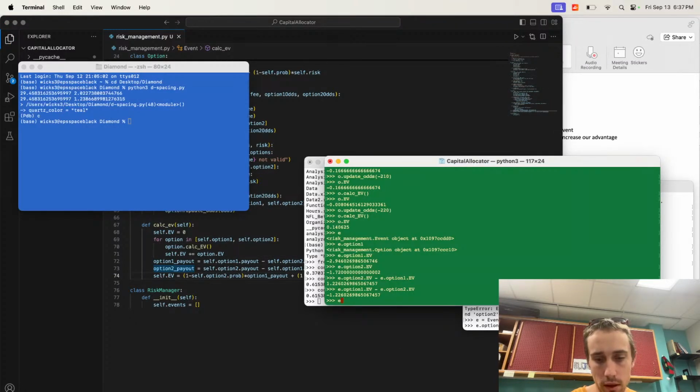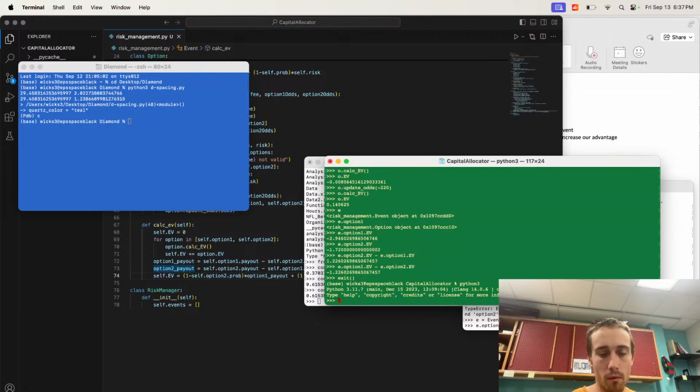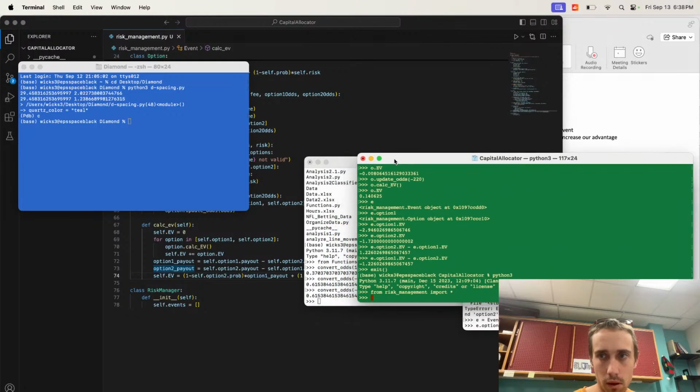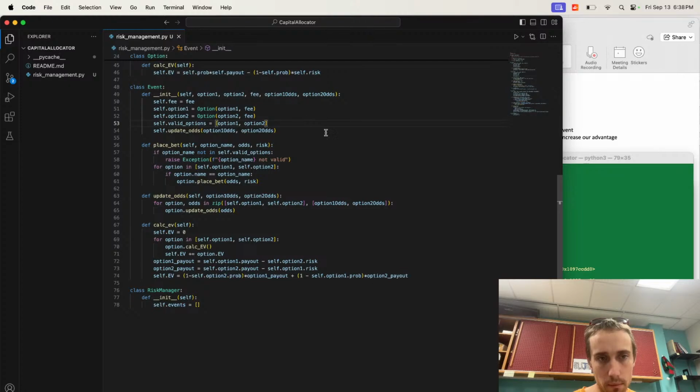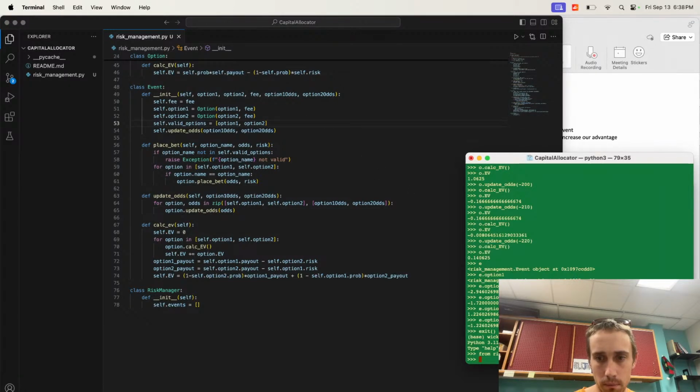All right, now let's see if that makes sense. From risk management, import everything. Okay, now we say E is an event, and all right, let's just use the same example we've been doing last week. Sunday night game, let's do Rams Lions.